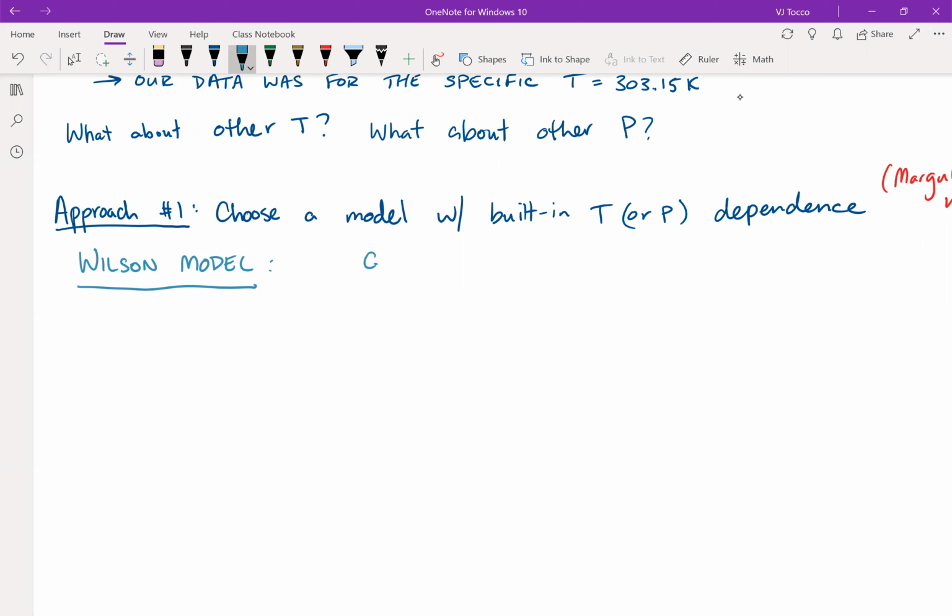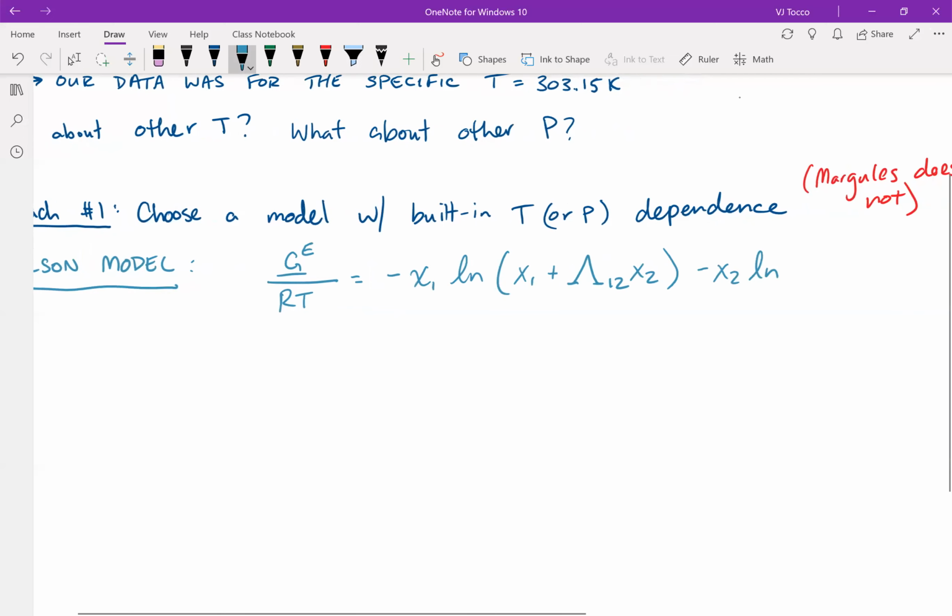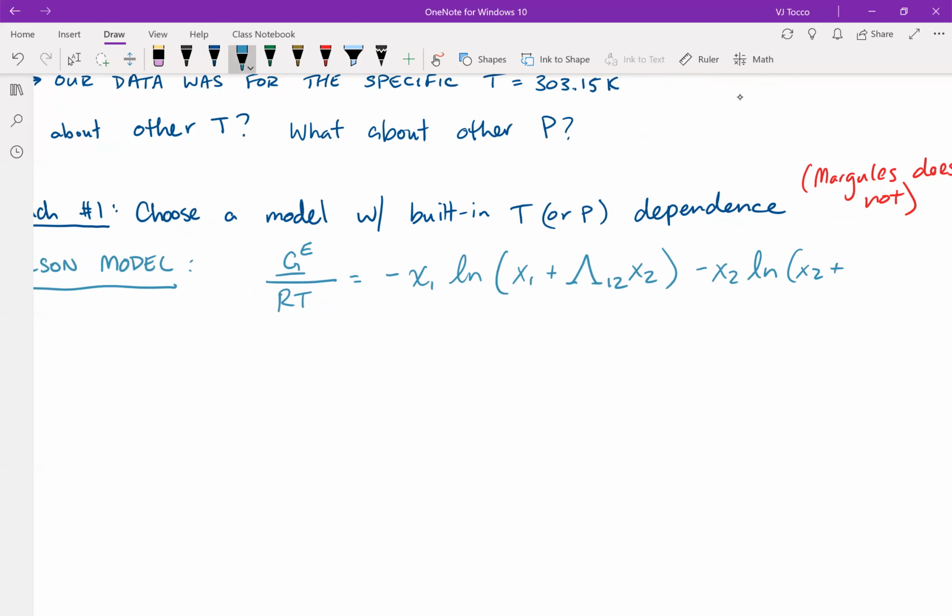All of these models are written in terms of partial molar excess Gibbs free energy over RT. And remember, this is the parabola that we fit with the one parameter and the two parameter Margules. Wilson is a little bit more complicated. It's minus x1 times ln of x1 plus lambda 1,2 x2, minus x2 times ln of x2 plus lambda 2,1 x1.